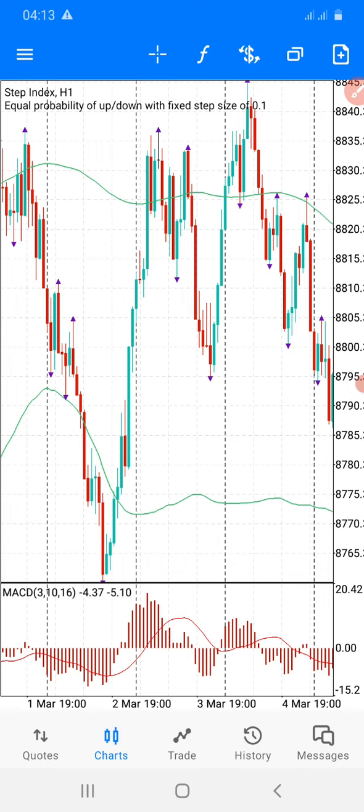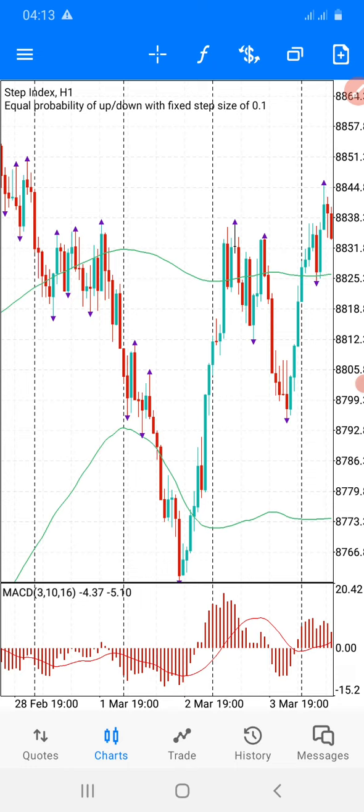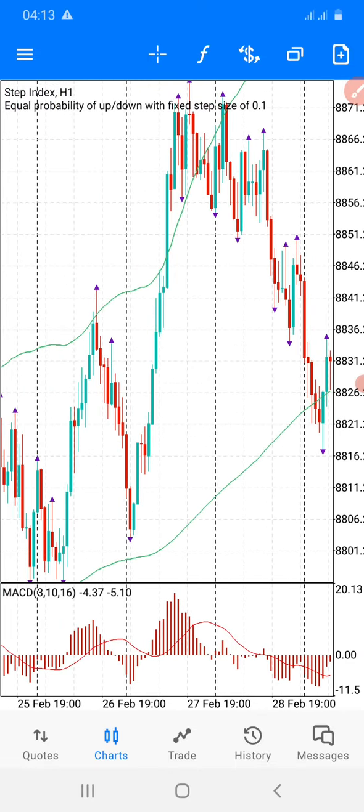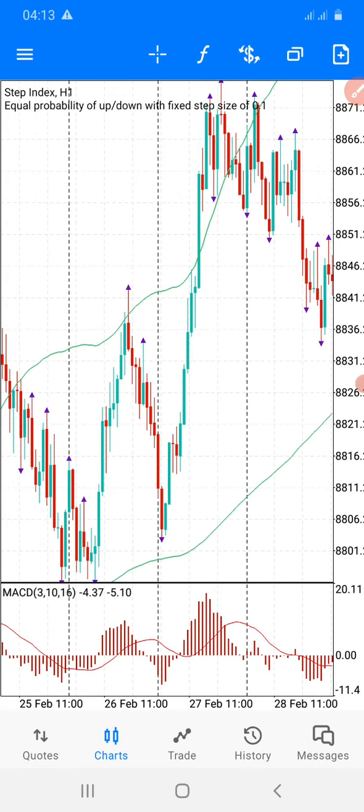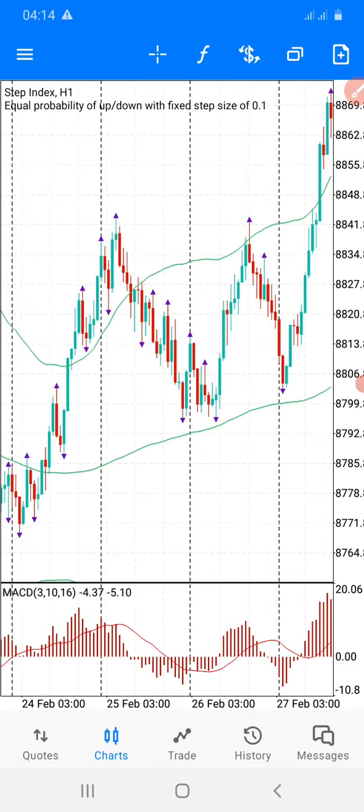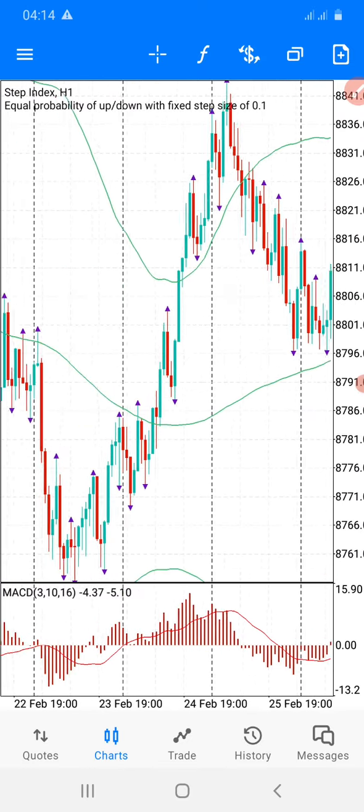Or when the main chart is making a lower low and the indicator is making a higher low, it means that divergence is actually playing out. And the higher the time frame, the stronger the signal of the divergence.